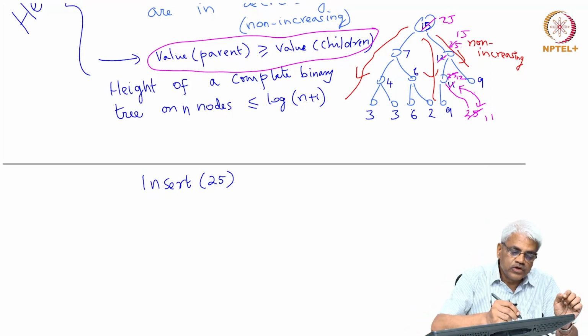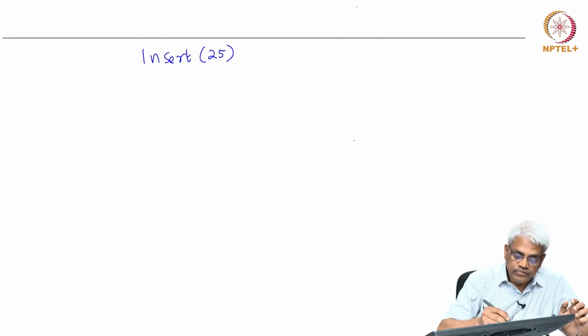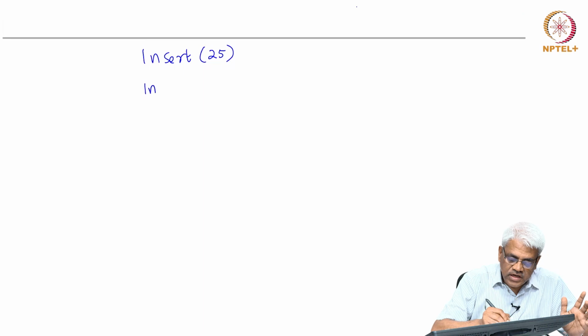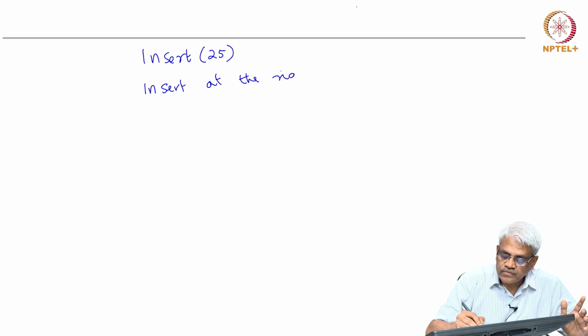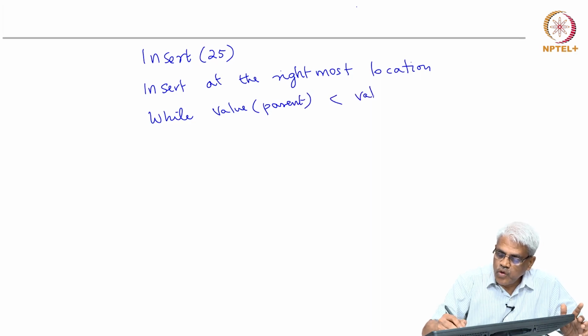Okay. So, the whole algorithm would be: any element for that matter, 25, insert at the rightmost location, and while the value of the parent is less than the value of the node, swap the two values.